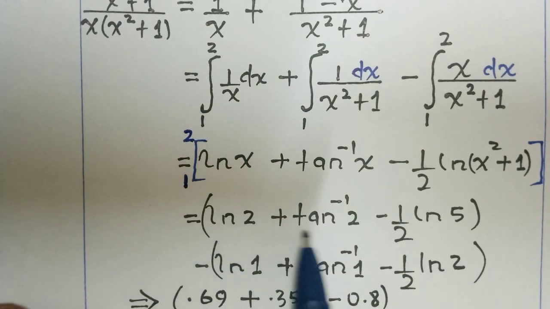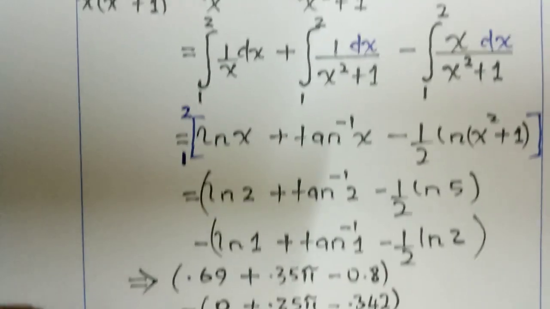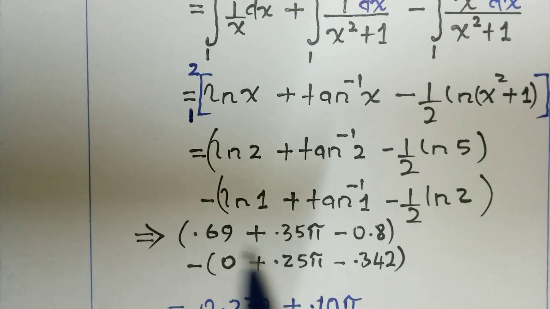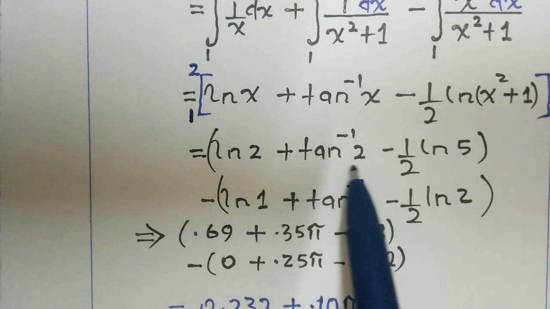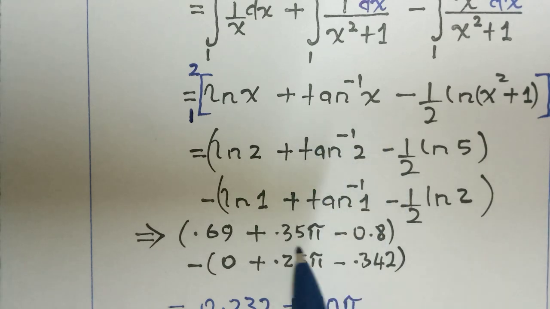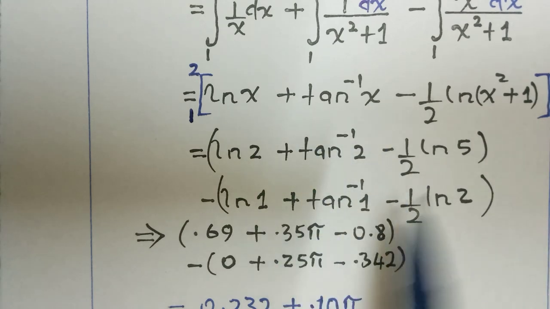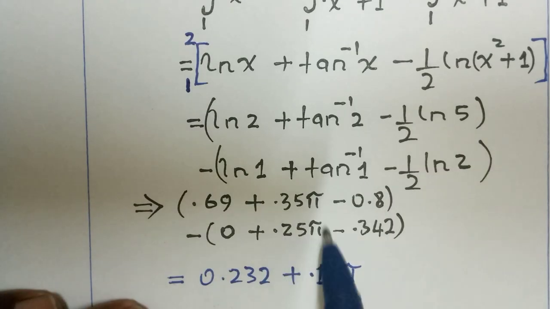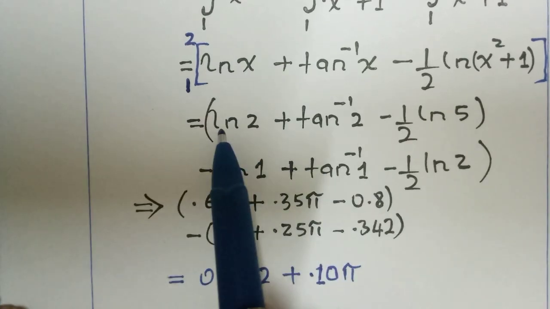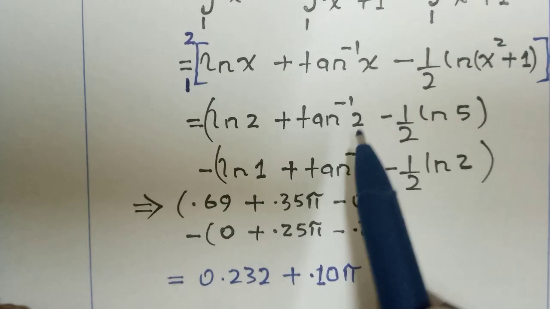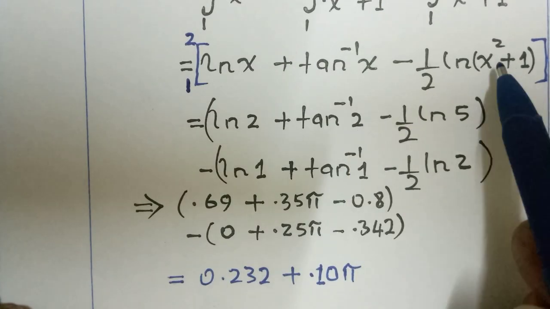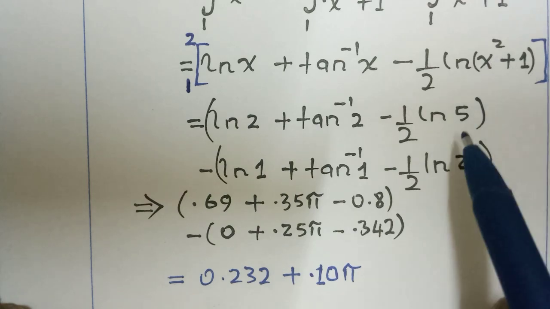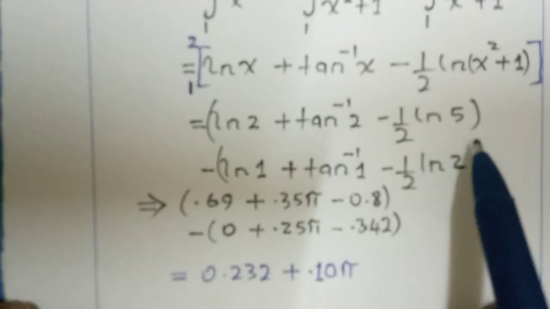We have put 2, and then we have also put 1. Finally, working it out, this one is going to be an angle, that's why I've put it in terms of radians. The same case with this other one. So for the first one, you put 2 there. You also put the 2 there. If you come here, you put 2. 2 squared plus 1 is 5. Then that is the figure.